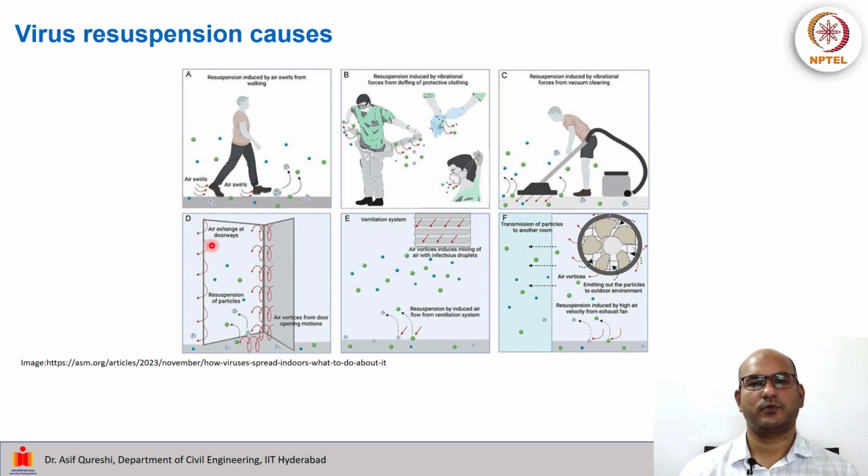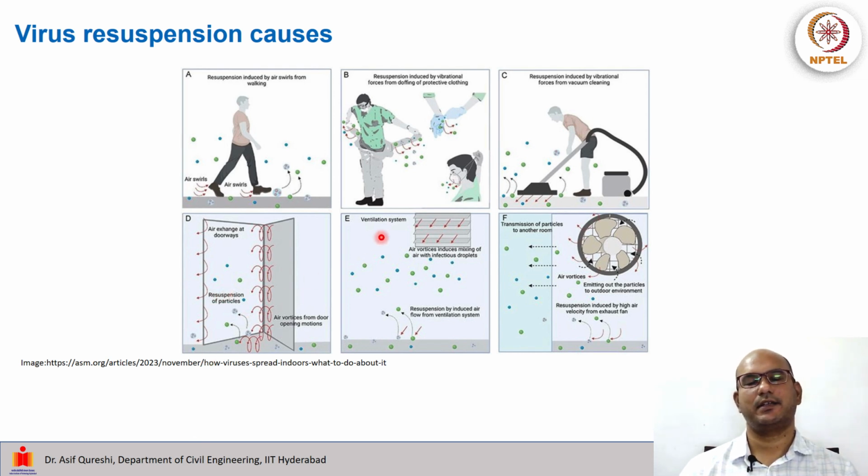The next spread could be through the exchange at doorways. So this could be air coming in and out, or the resuspension of particles. When we open the door, there may be resuspension of dust, and the airflow would be such that the air coming in will take the resuspended particles in.